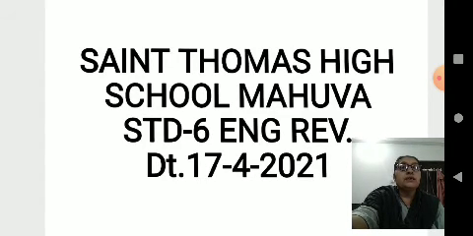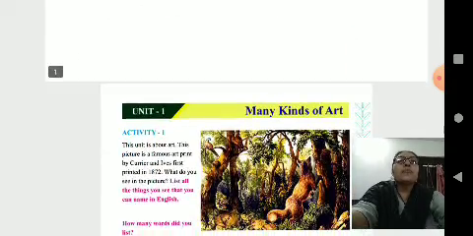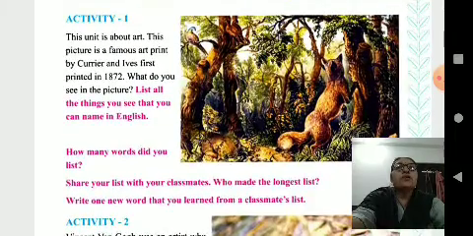We have finished in our English subject textual grammar, writing skills such as essay, letter, notice, report, paragraph. And today let's start our revision of Unit 1, Many Kinds of Art.